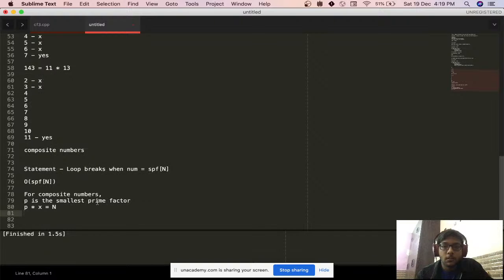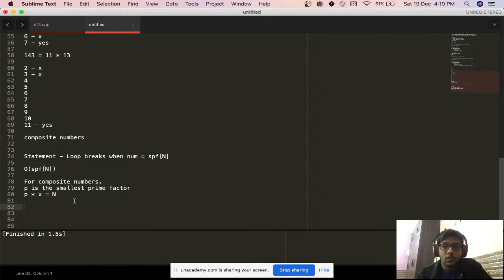Because it is composite and p is the smallest prime factor. So apart from p, there must be something. If there is nothing, then it cannot be composite, right? Because x cannot be equal to 1, because then n would be prime, because p is prime. So x must be something greater than 1. I'm talking just about the composite numbers. So we have p into x is equal to n.